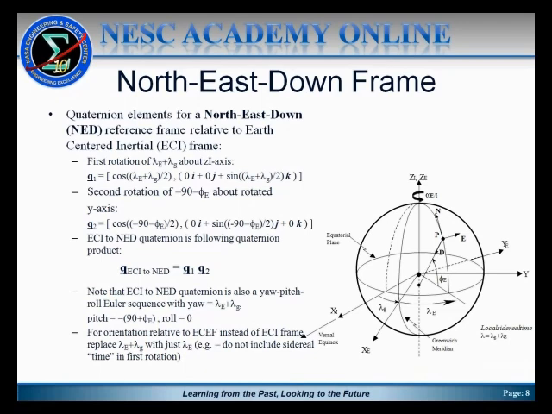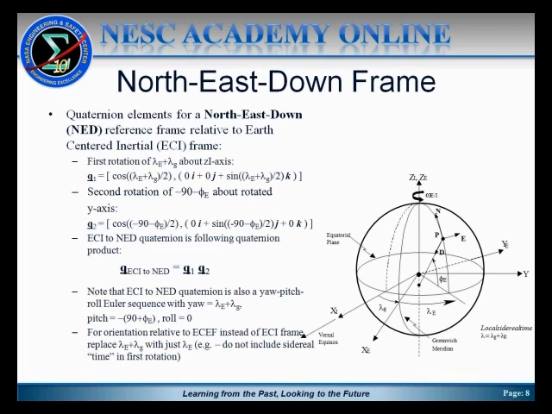Again, just a recap of quaternions. The scalar part of the quaternion is cosine of the rotation angle divided by 2. The vector part of the quaternion is sine of the rotation angle divided by 2 times the unit vector in the direction of the rotation. In this case, the unit vector would be 0, 0, 1, since you're rotating about the z-axis.